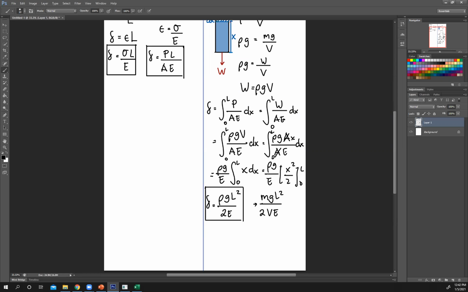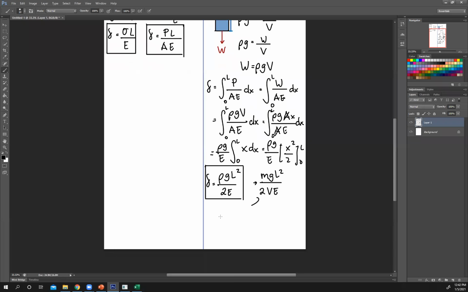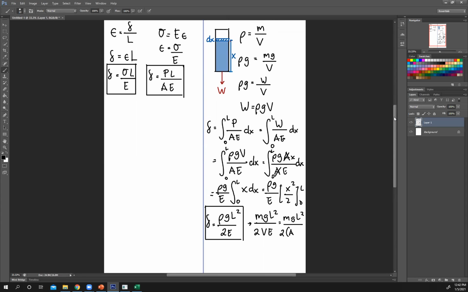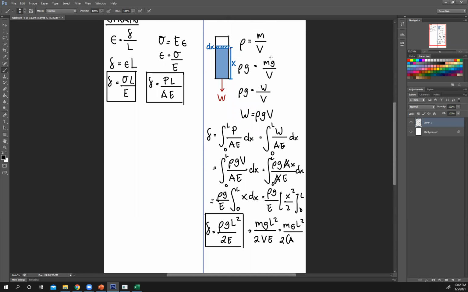And then V is volume, which is just area times length. Here the volume is now the total volume, since we're using mg, which considers the whole rod or whole material.